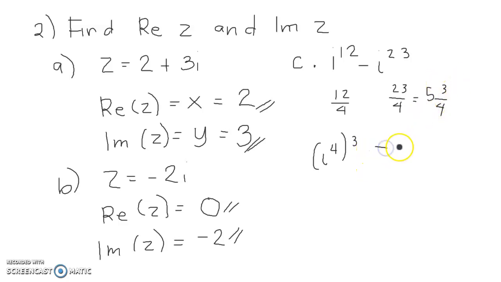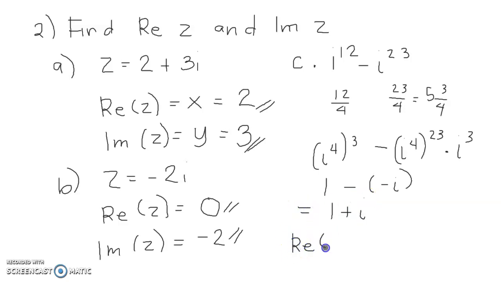So minus i to the 4th raised to the 5 times i cubed. So i to the 4th is 1, minus 1 times negative i, we have 1 plus i. And our real part for this problem is 1. And our imaginary part for this problem is positive 1.